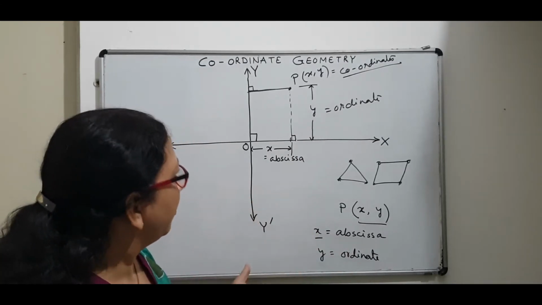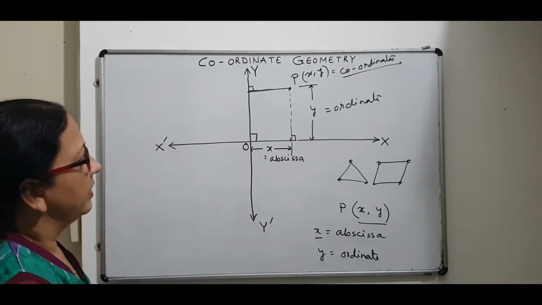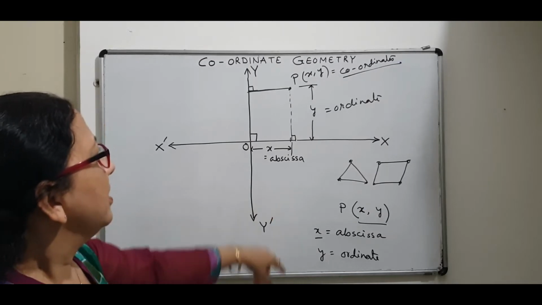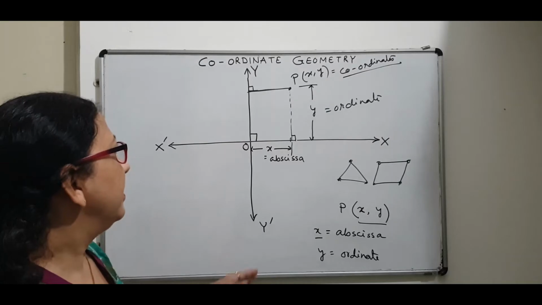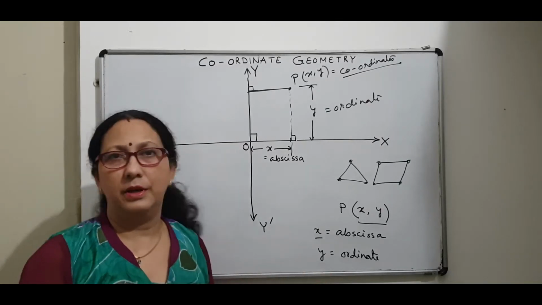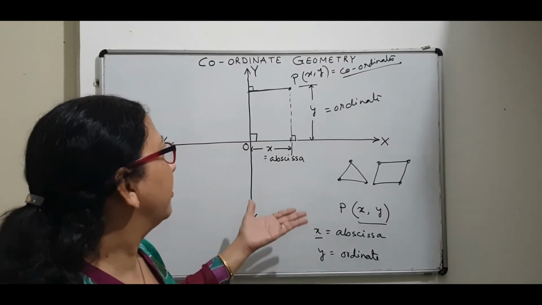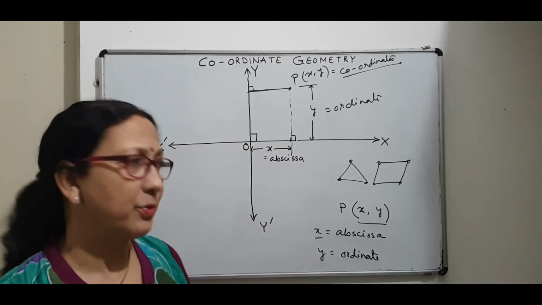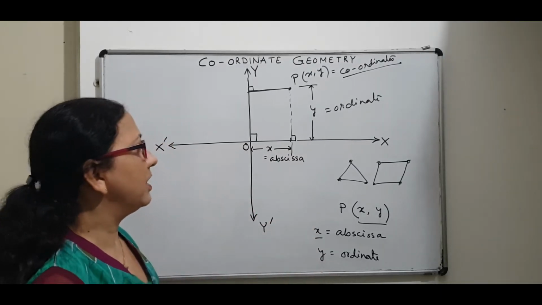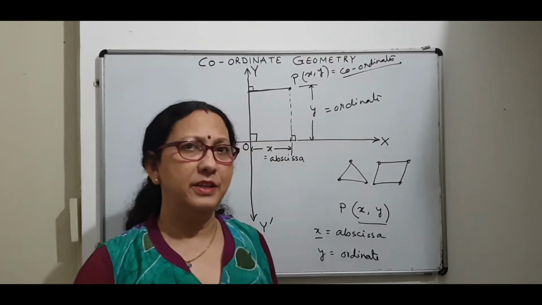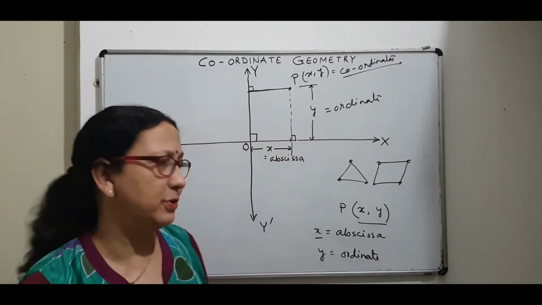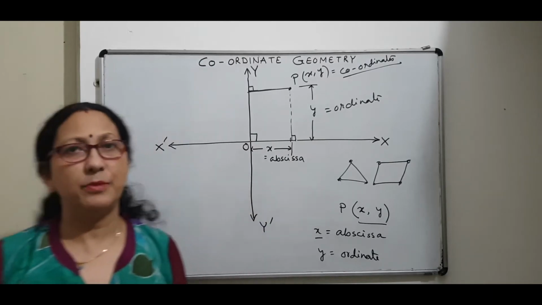So with the help of the coordinates of points, we will proceed in this chapter. The first formula that we will come across in this chapter is the distance formula. So what is the distance formula? If I know the coordinates of 2 points in a plane, then we'll be able to find the distance between the 2 points with the help of that formula.